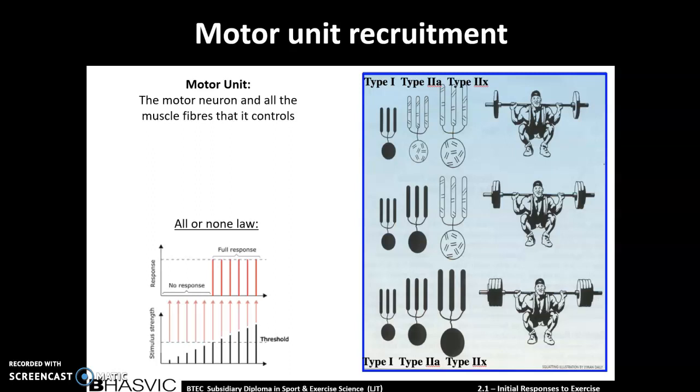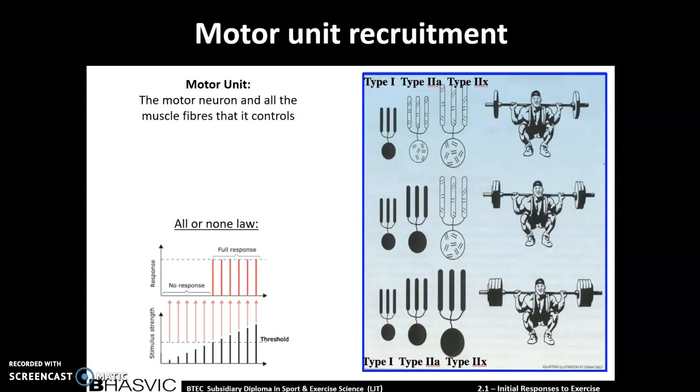So a quadriceps muscle, for example, a motor unit in there would contain hundreds of different muscle fibers per motor unit, whereas a much smaller muscle, like a muscle in the eye, would only be connected to a handful of muscle fibers per motor unit.